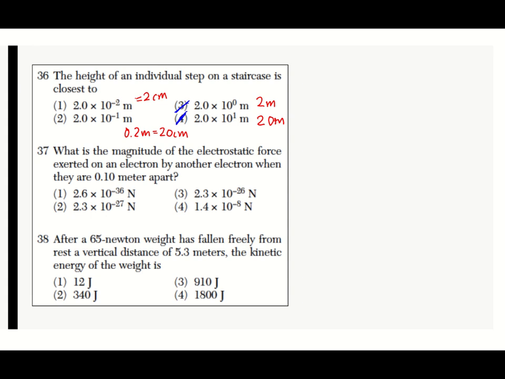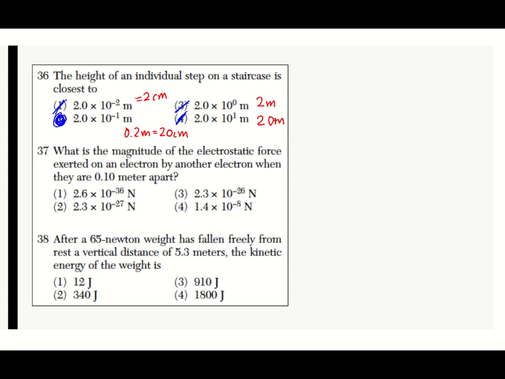And so we're looking at 2 centimeters or 20 centimeters. 2 centimeters, I would like to sort of equate that almost to an inch. Is an individual step an inch long, an inch high? No, it's actually too small. 20 centimeters is about 10 inches about. That's about less than a ruler height. And so I'm going to go with choice 2 as our answer. 20 centimeters seems the most appropriate.